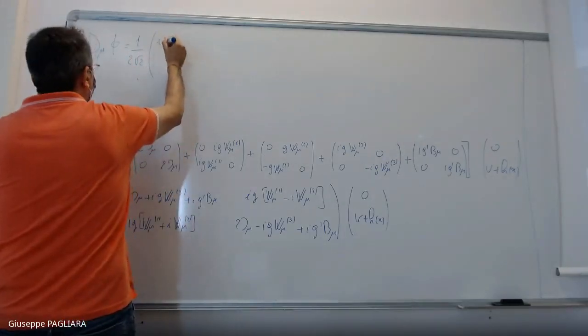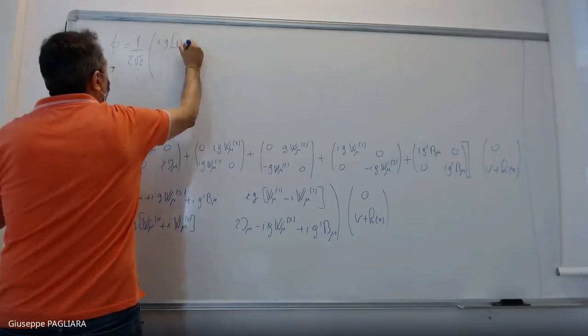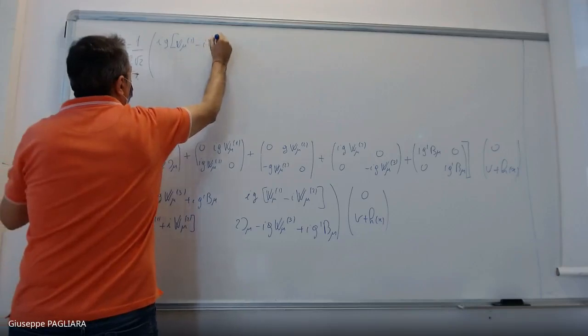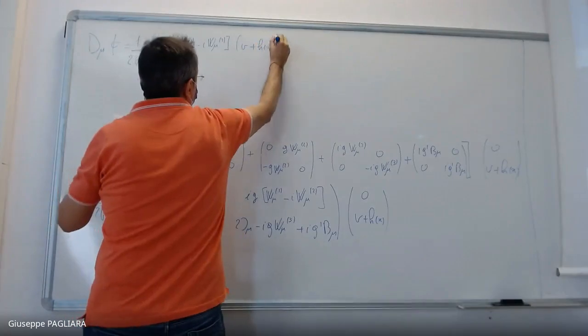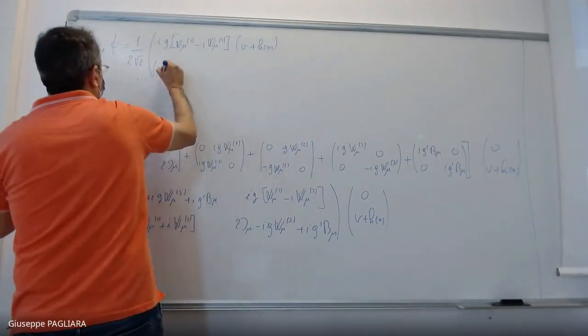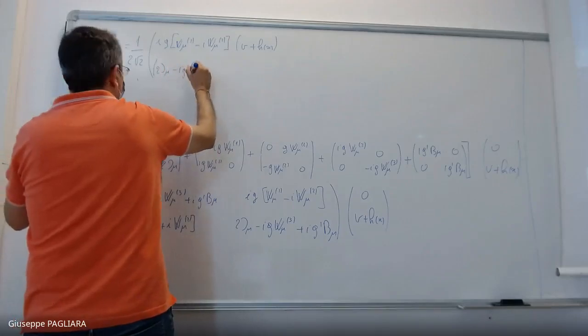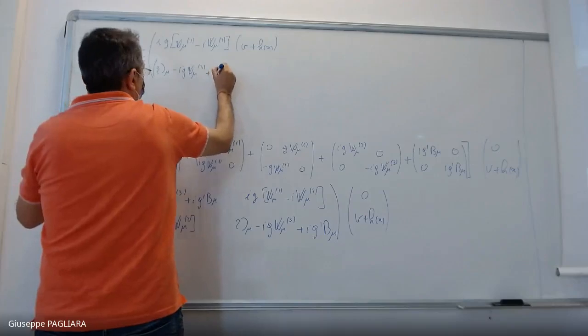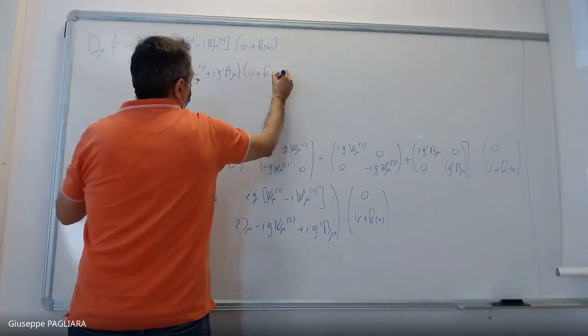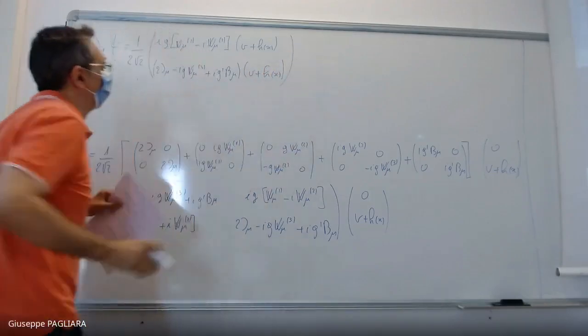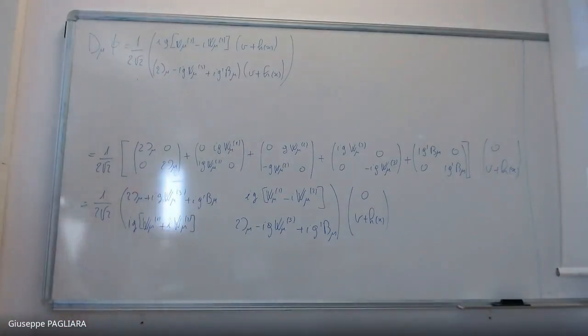The first element of this vector is i g W1 minus i W2, multiplying v plus H. And the second is the derivative of H minus i g W3 plus i g prime B, multiplying again v plus H. Voila.